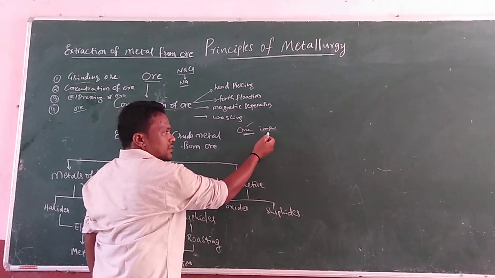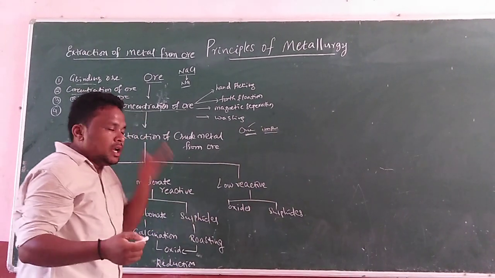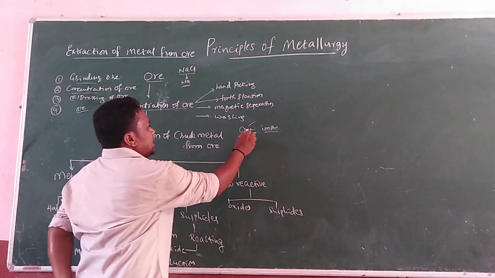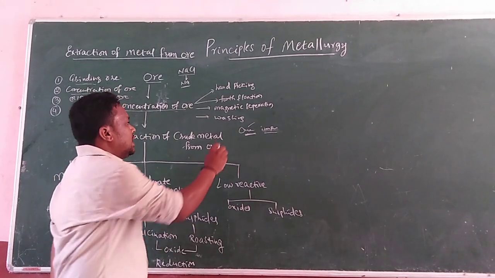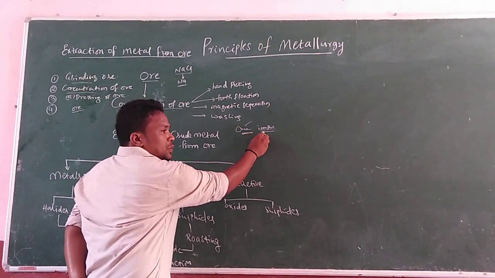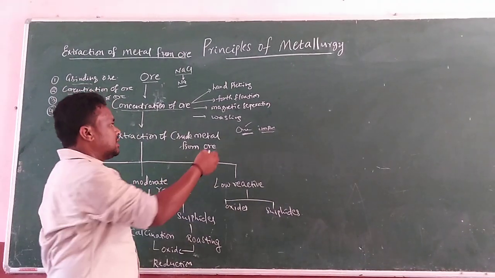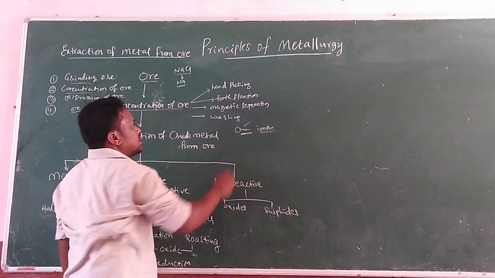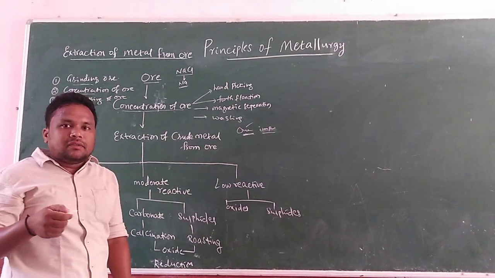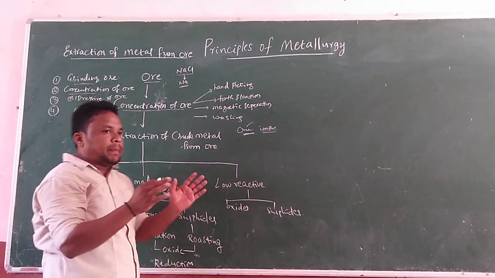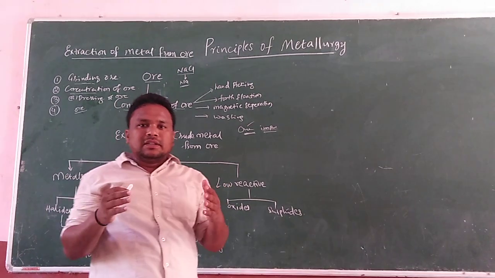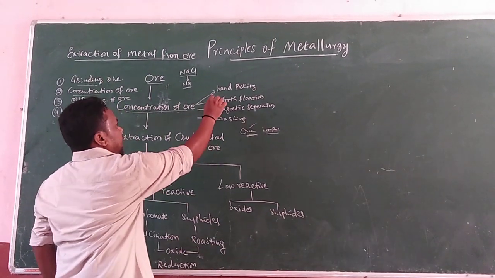The ore is of a different color and the impurities are also of a different color. Then we can divide them easily with the help of hand. These ore particles and impurity particles are divided with the help of hand. That process is said to be hand picking. In hand picking, we are just separating the ore particles and the impurity particles.